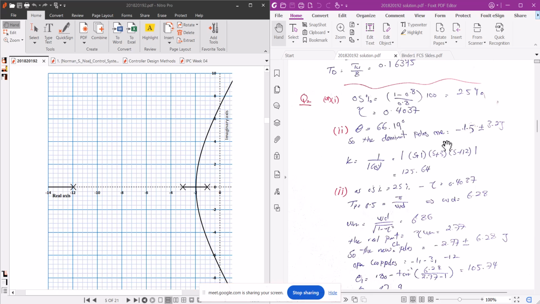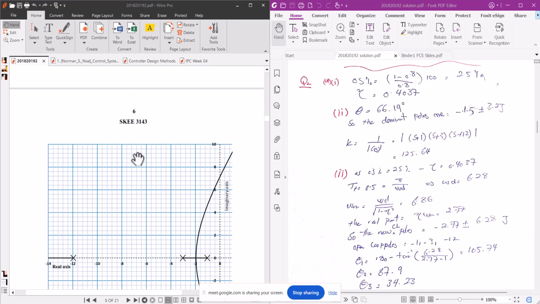You can use any one, for example minus 1.5 plus 3.2j. Put this pole here, and then you will get the value of the gain at this point. The system will have this gain 125.64. Your system is operating at this gain, right? This is the whole concept.